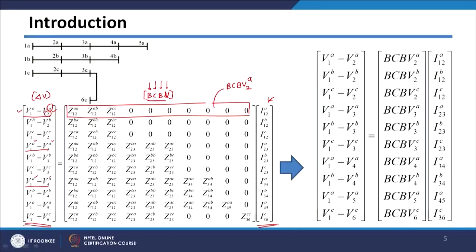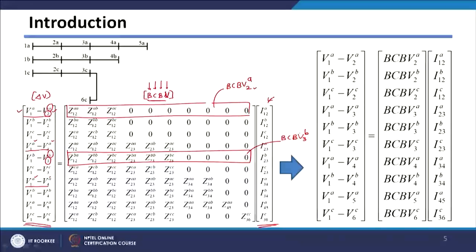Exactly this way, if you consider this particular row here, this row will be called BCBV, and it corresponds to node 3 and B phase. So, it will be 3 and B.